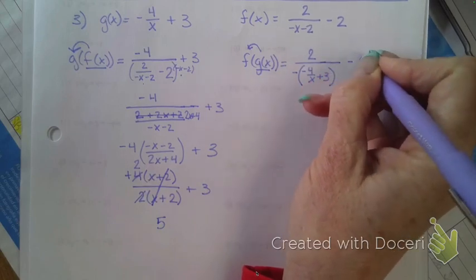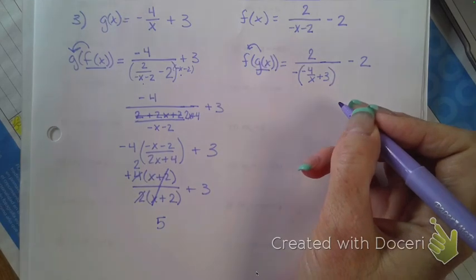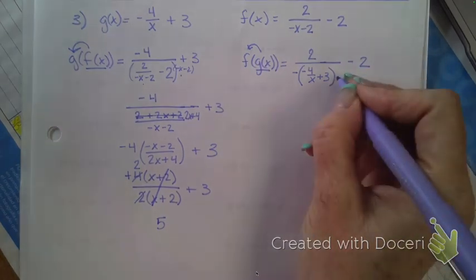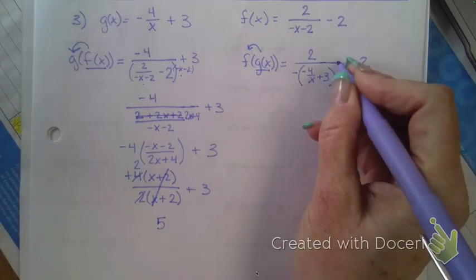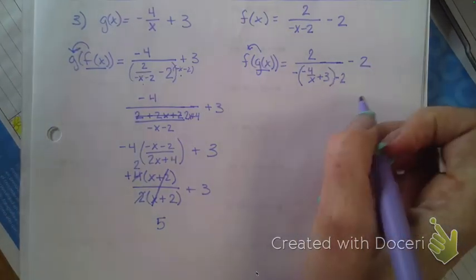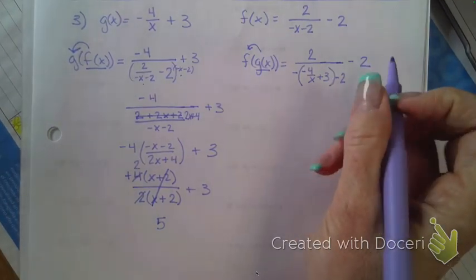Oh, there's a minus 2 at the bottom also. Thank you. When you said minus 2, my brain went to the end. The end would be plus 2 then, a different number.